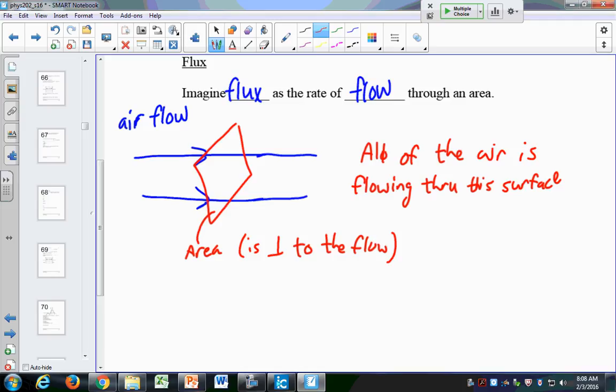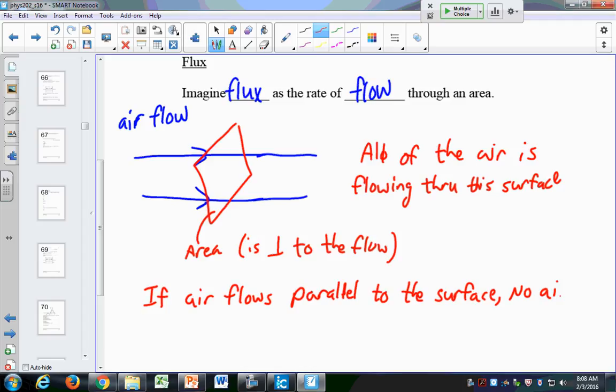So if I have the airflow going along the same direction as this imaginary area, this metal frame, if you want to think of it as that, then none of the air would actually travel through the area. So if the air flows parallel to the surface, no air will go through the surface.